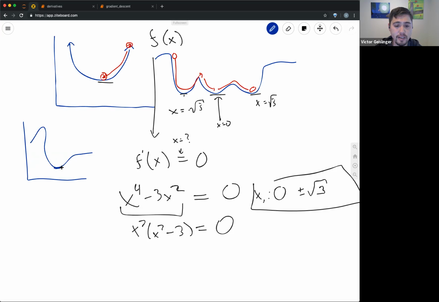I want to find this minimum right here, but notice that the derivative right here is 0, but at the top here, the derivative is also 0. So if I just say f prime of x is equal to 0, it'll give me this point and this point. These are my candidates for minimum and maximum, but I want to find which is the actual minimum, so I can do a second derivative.